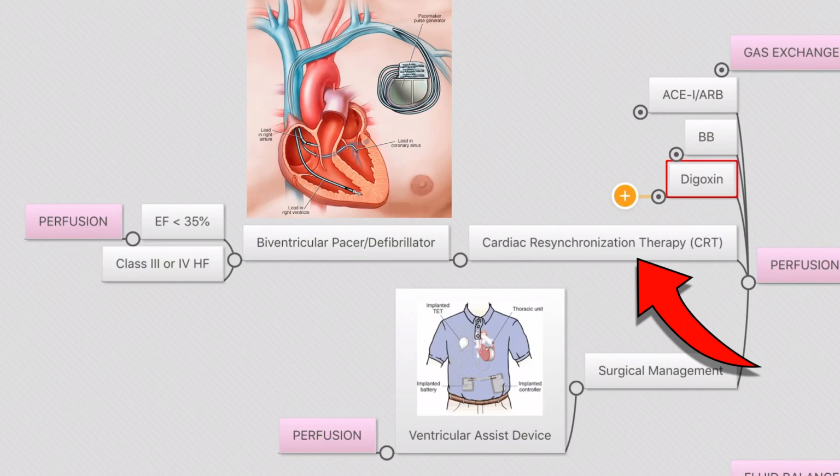And it has a defibrillator just in case a patient goes into sudden cardiac death. This type of device is only recommended for those patients who have an ejection fraction that is less than 35%. And that would classify under class 3 and class 4 heart failure.